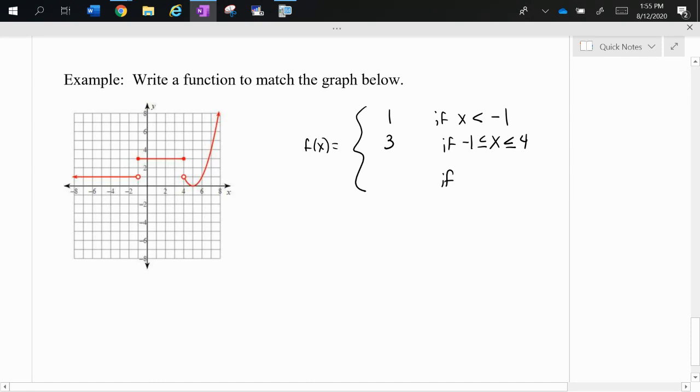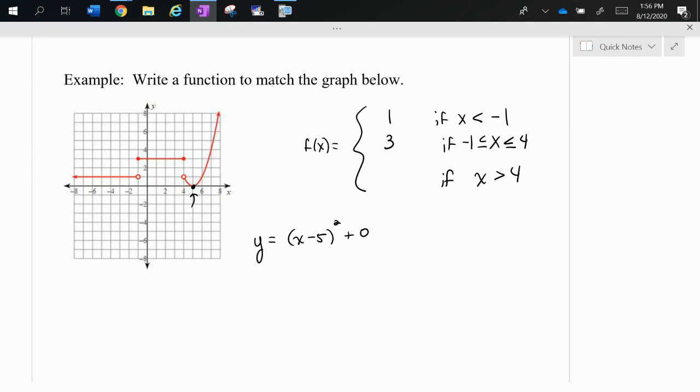And then lastly, I see that last piece looks like it's quadratic. So I wonder if we could come up with that piece if x is greater than 4. Let's see. That is the quadratic function y is equal to, it's got a vertex at 5, 0. So that means it's x minus 5 squared plus 0, I believe. Does that work? Let's check it out.